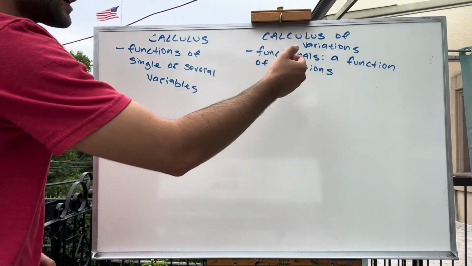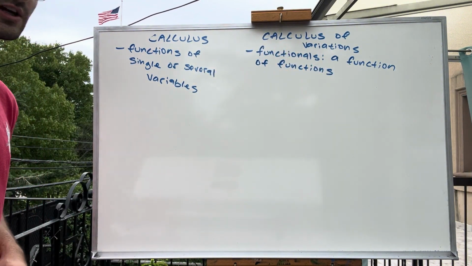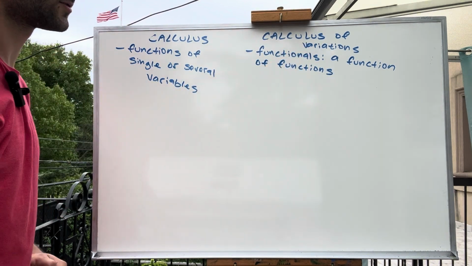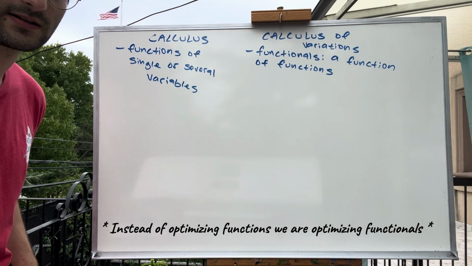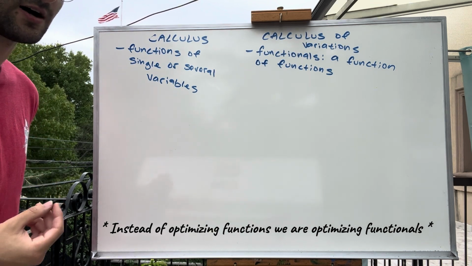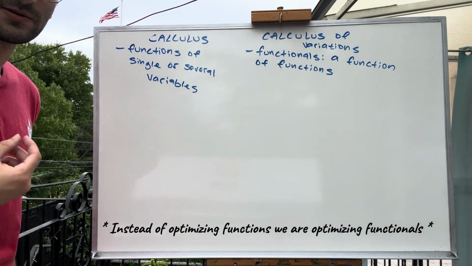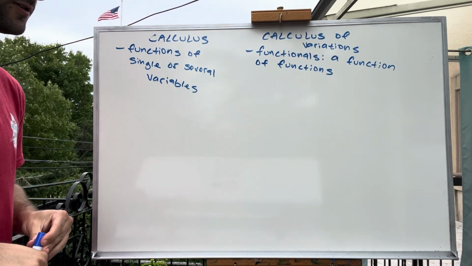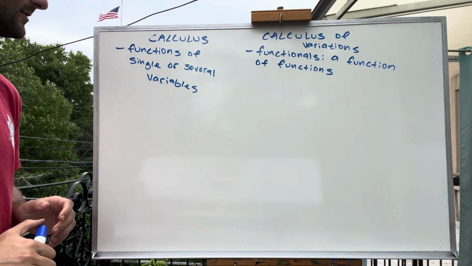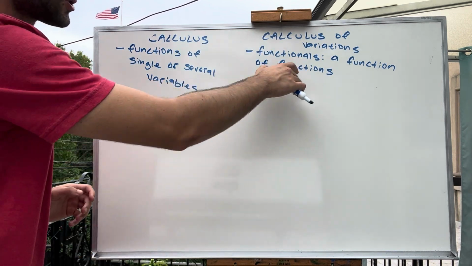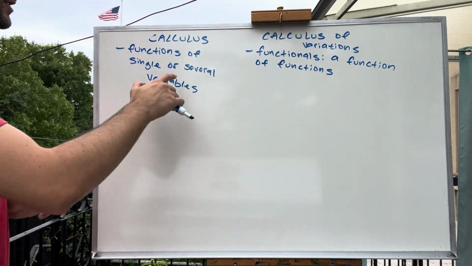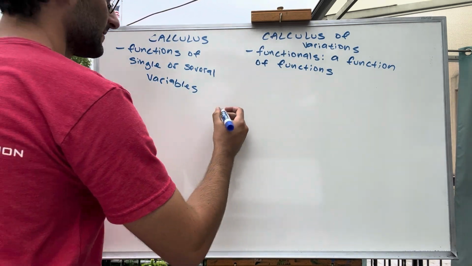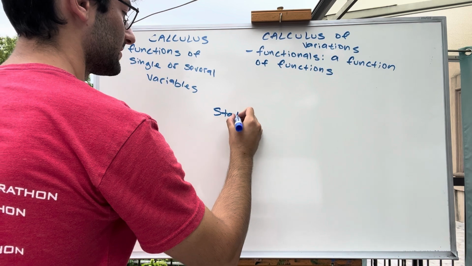In terms of the calculus of variations, we can also find these extrema, but not of the functions, of these functionals. And instead of a point that we're trying to optimize, we're optimizing functions. And we'll refer to the optimization of these functionals, analogous with the optimization of functions, as stationary points.